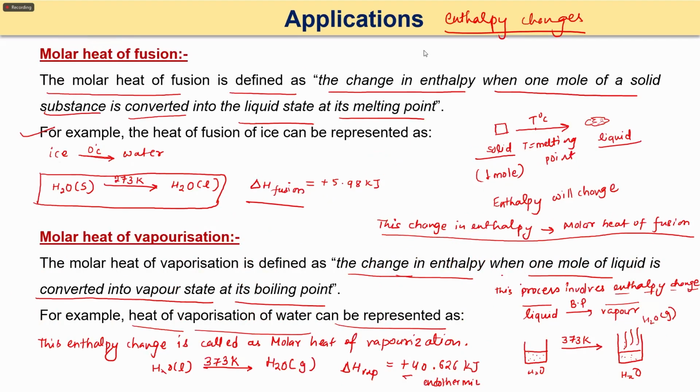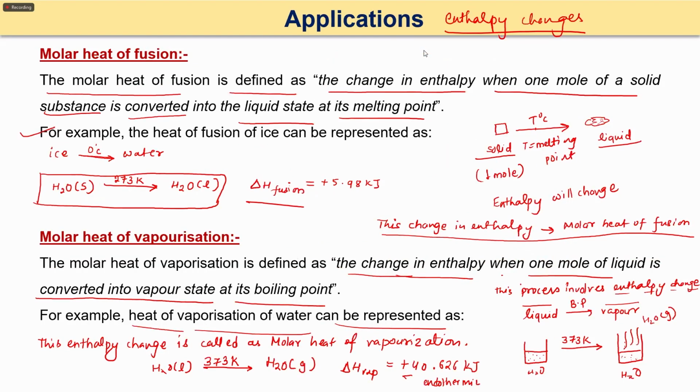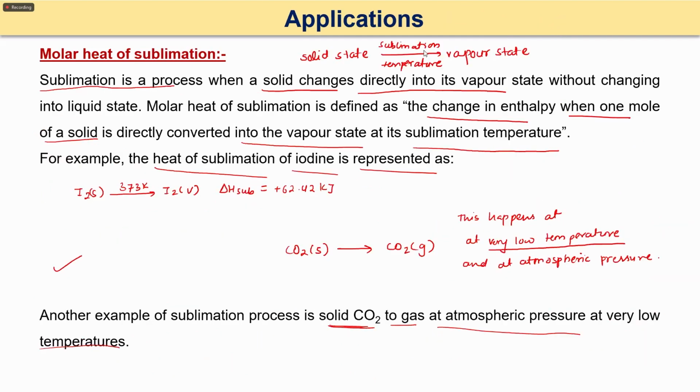After that, we studied molar heat of fusion, molar heat of vaporization, and molar heat of sublimation. The basic difference is that in fusion, solid converts into liquid; in vaporization, you go from liquid to gaseous state; and in sublimation, you go directly from solid state to vapor state.